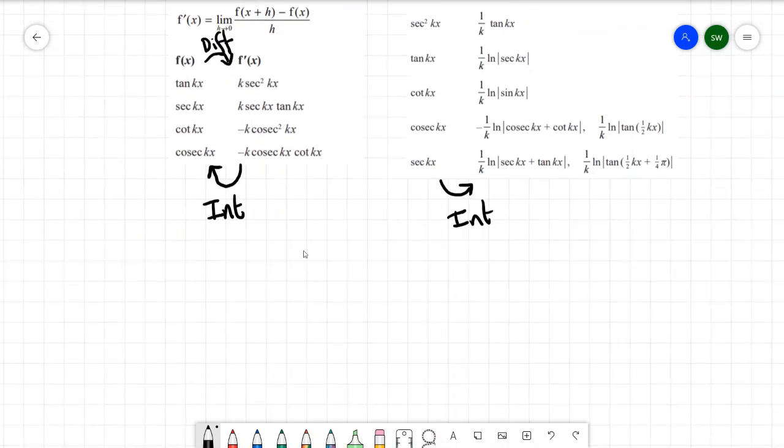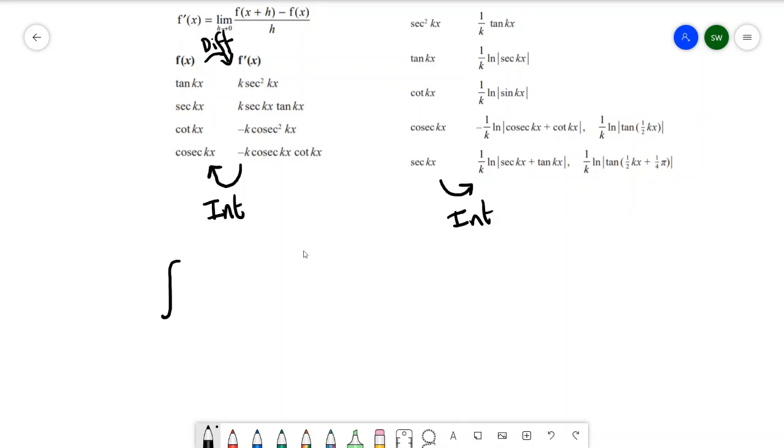For example, if we wanted to integrate sec squared x, then we know that that is equal to tan x, because if you differentiate tan x, you get sec squared x.